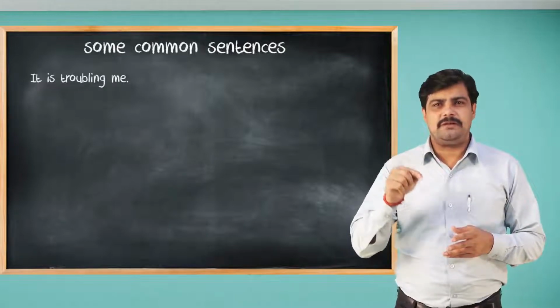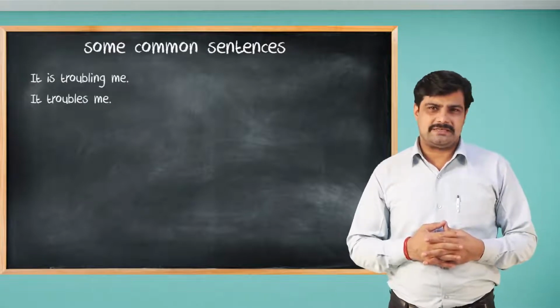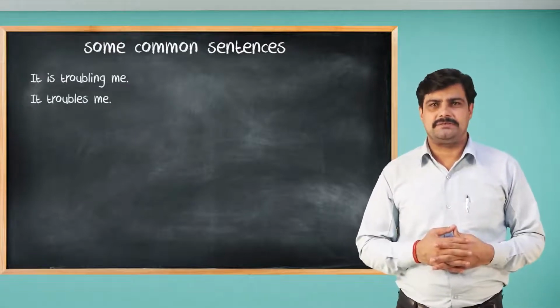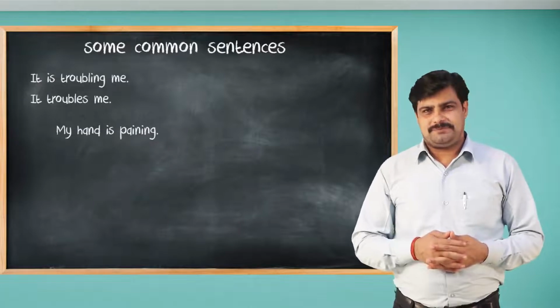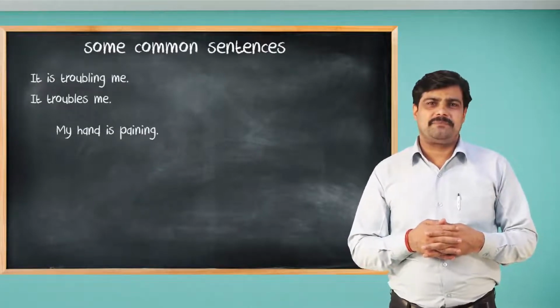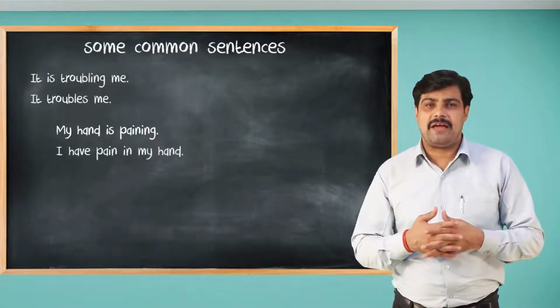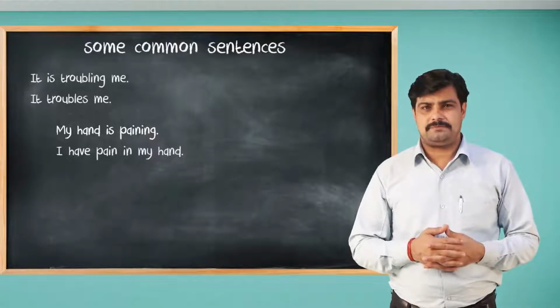The verb troubling should be in the present. "It troubles me" is the right sentence. It is the right expression in English. "My hand is paining." This expression is also wrong because the verb must be "I have". The sentence should be, "I have pain in my hand."